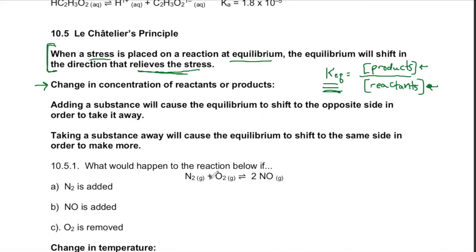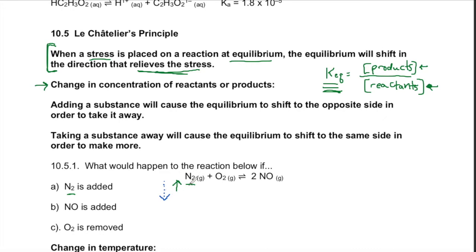Okay, so here we have an equilibrium system. Nitrogen and oxygen are the reactants. NO, or nitric oxide gas, is the product. So if we add N2, we are making the amount of N2 go up. So the system is going to have to do something to make the amount of nitrogen go down.